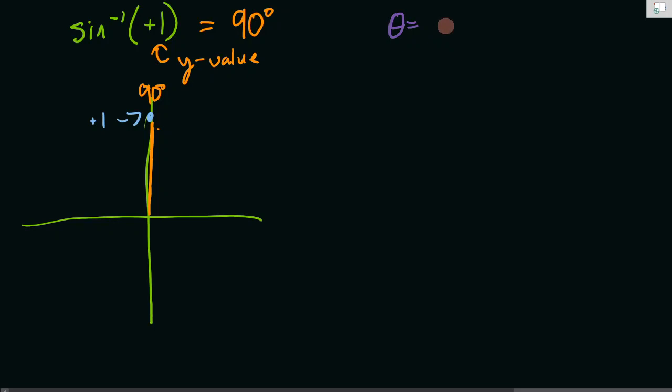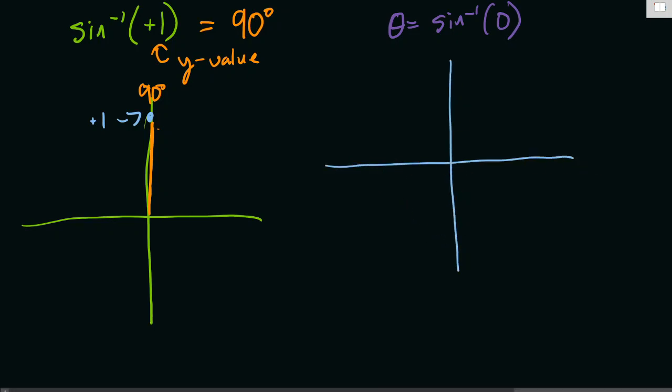So theta equals sine inverse of 0. So we will sketch our grid. Where is your y value equal to 0? Well, there's 2 points. There's a point here, and there's a point here. Well, actually, y equals 0 is here.